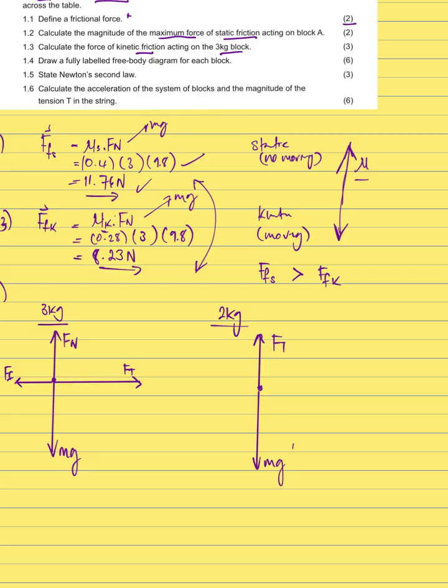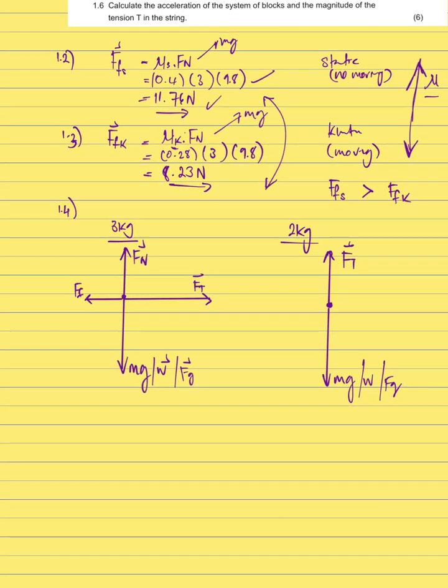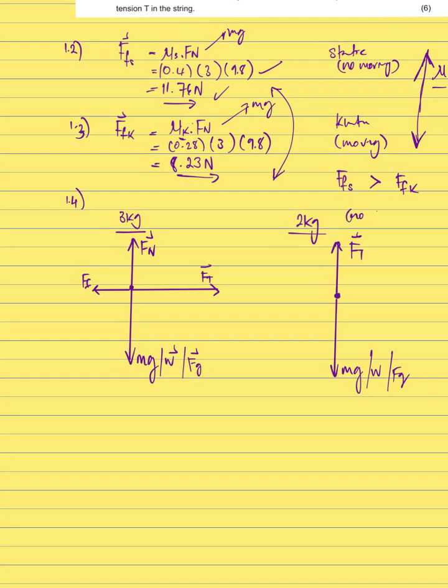Or I can even write weight, or I can even write Fg. So don't forget, you have other options. Make sure you put all of your vector signs where they need to go. And you've got yourself two sort of situations. Here, notice there's no friction, because there's no surface. So you don't have to really worry about that.